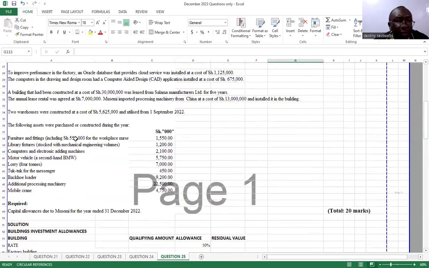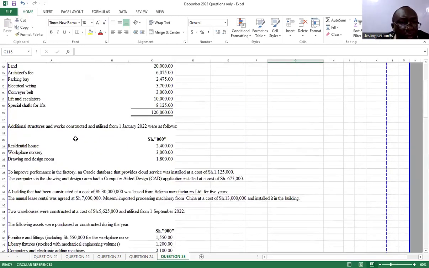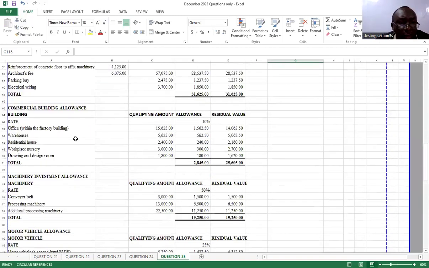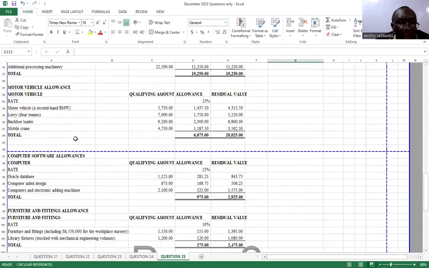Yeah, anything else you have forgotten? Yes. If we were putting them under machinery, then we didn't put the special shaft. And even the lifts, we didn't put them. Yes, we did not put them. Okay, they are supposed to be part of that. Yep, supposed to be part of that.